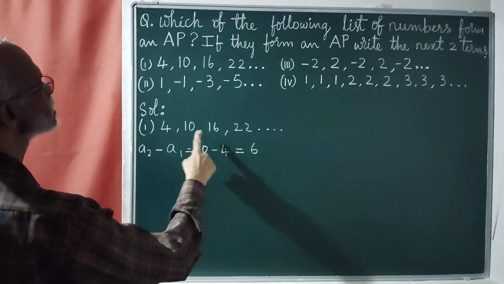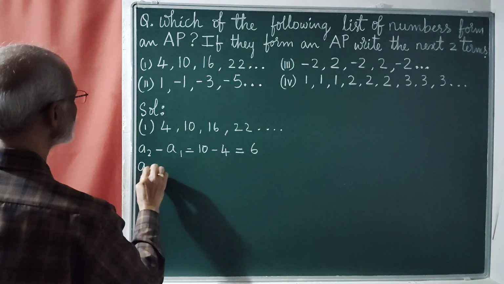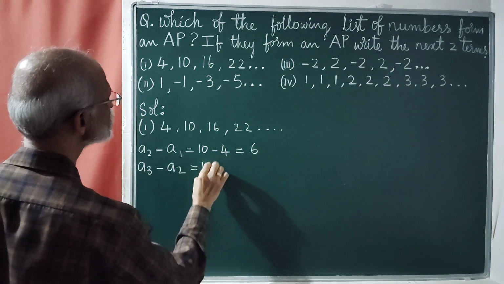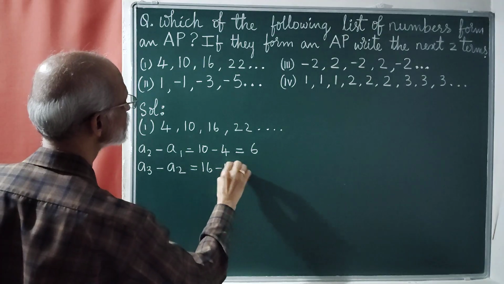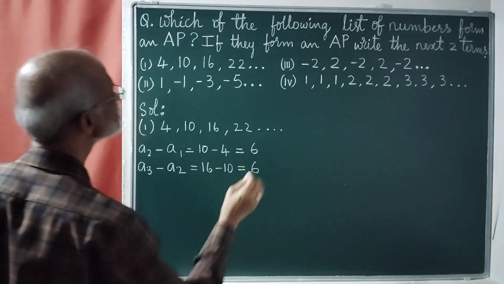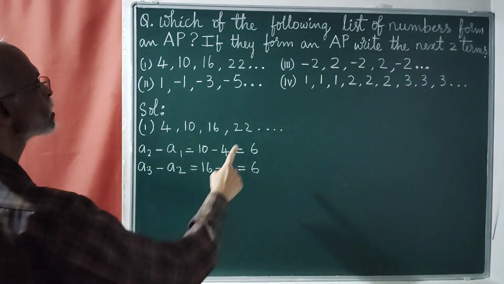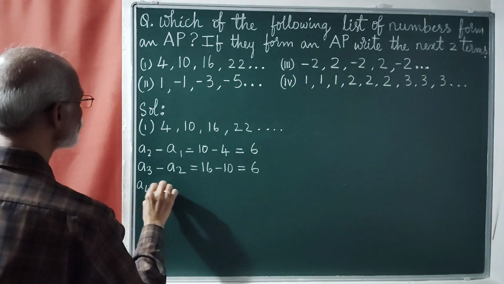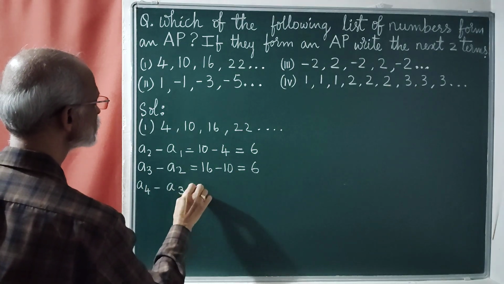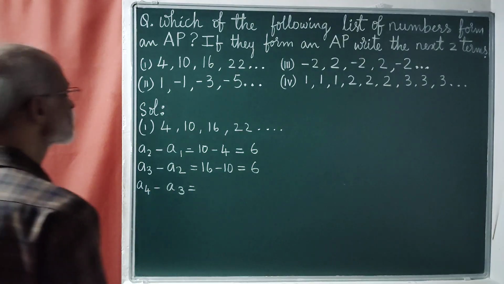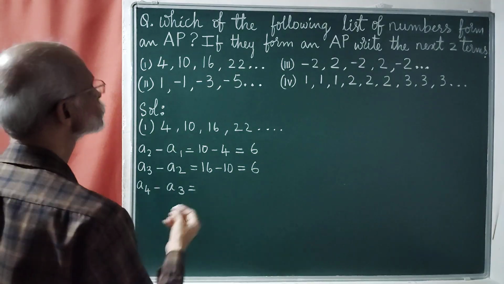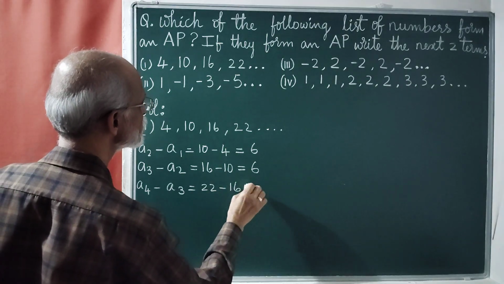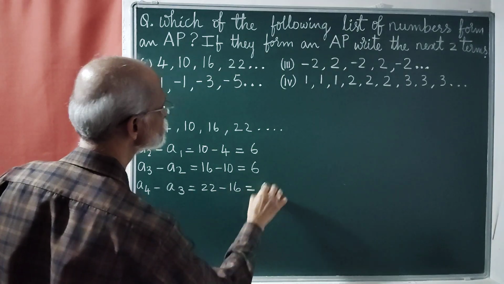Again A3 minus A2, 16 minus 10, 6. A4 minus A3, so 22 minus 16, we get 6.